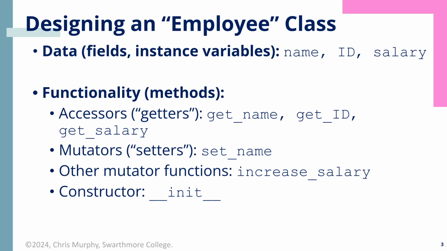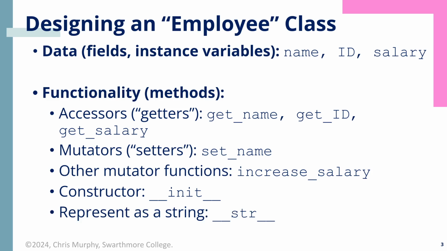When we write this code, we need to call it underscore underscore init underscore underscore. So the constructor, which is the function that's called to create an instance of a class, has a special name. I'll just call it init, but it actually does have to have two underscores in front of it and after it.